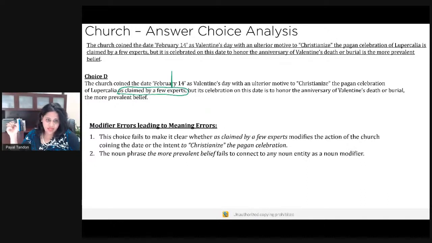Is this modifying the action of the church, or is it modifying the intent to Christianize? That part is not clear. The other thing is the more prevalent belief. What is this modifying? This part is not really clear. But its celebration on this date is to honor the anniversary of Valentine's death or burial, the more prevalent belief. Now, what is that more prevalent belief? That's not clear. That is why choice D is wrong.